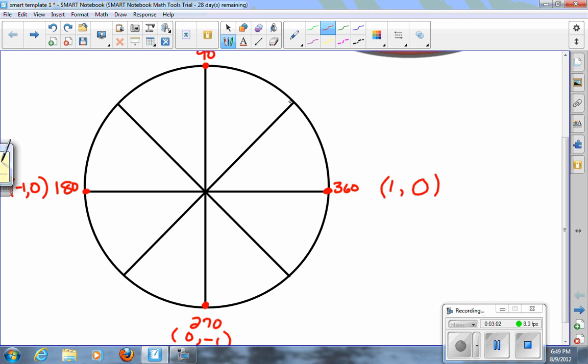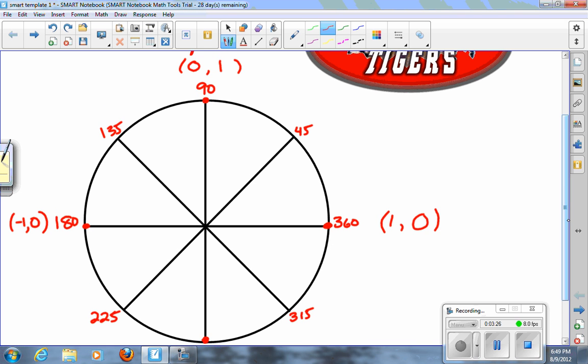So right here, 45 degrees would be right here. 45 more degrees would be 90. 45 more degrees would be 135 degrees, then 180. And continuing on around, you can see it would flesh out like this: 225, 270, 315. And then 45 gets me back to 360. Each of these represent 45 degrees.